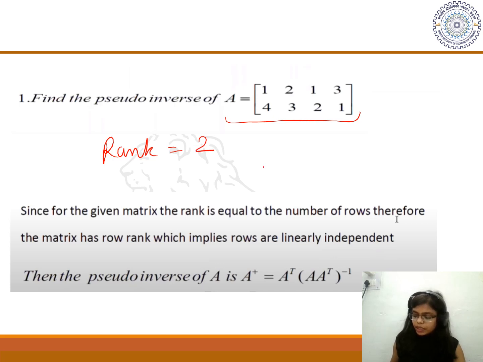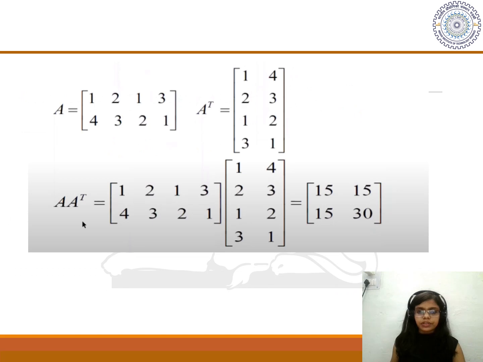So here the rows of the matrix are linearly independent, and we have a full row rank matrix. In this case, we will use the defined formula for the pseudo inverse: A transpose into A A transpose whole inverse, right? So moving forward with the solution.